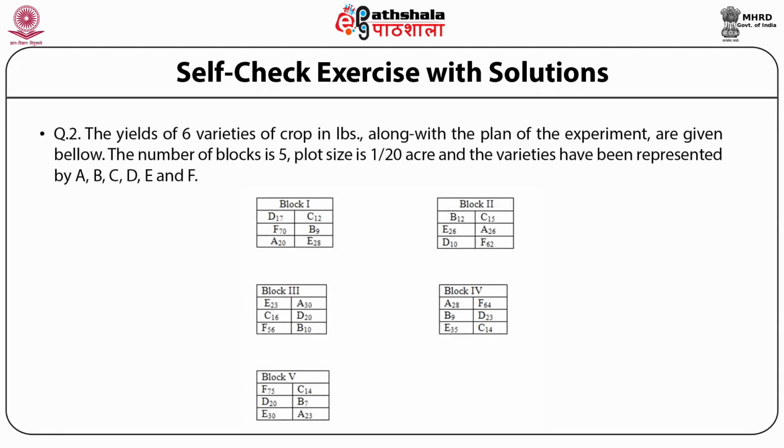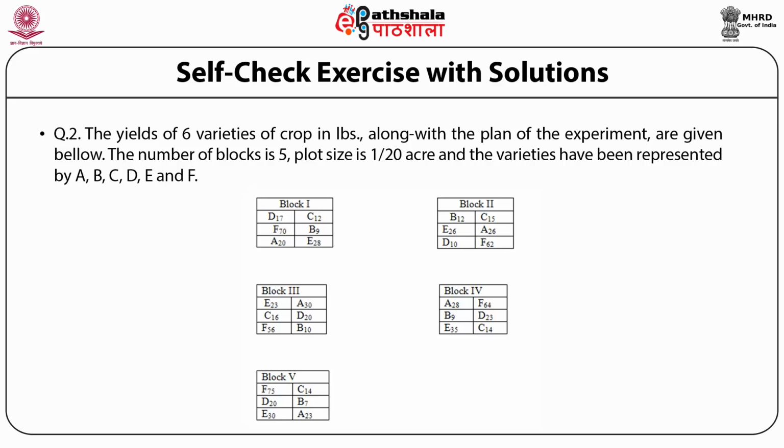You can see in another agriculture experiment a yield of 6 varieties, and this is actually a question of block design in which you see 6 varieties of crops along with the plan of the experiment, and the number of blocks is 5. Plot size 1 by 20 acre, and the varieties have been represented by A, B, C, D and F. So you can see different varieties divided in different blocks.